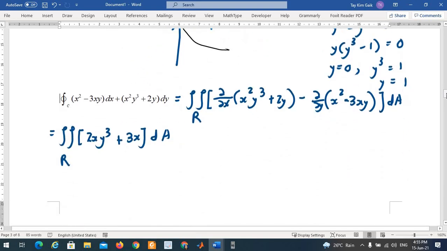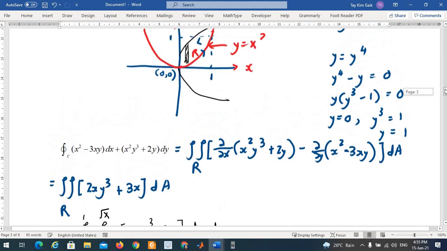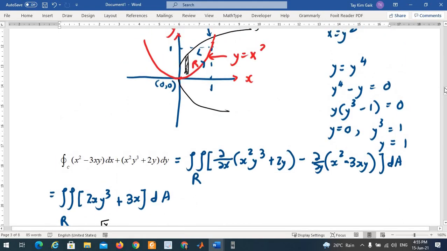Therefore, x from 0 to 1, y from x squared until square root of x, of 2xy cubed plus 3x, this is dy dx. The lower limit is y equals x squared.